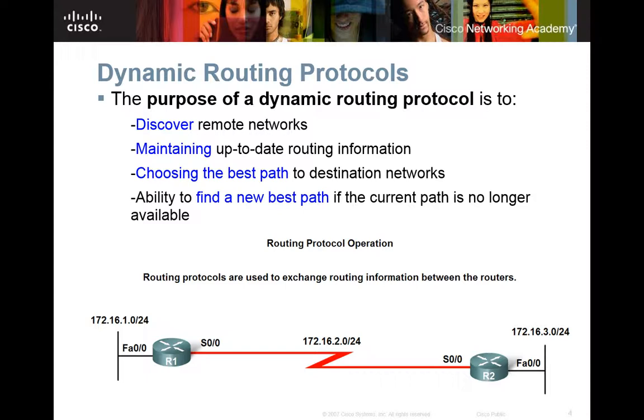Those are the four primary purposes of a dynamic routing protocol. As opposed to static. Static is, I'm still on the phone with you. You could hang up on me, but I'm still holding the phone waiting on you. Dynamic tells me that you've hung up the phone, so I hang up the phone, then I call Todd and say, hey, Todd, why did Christian hang up on me?